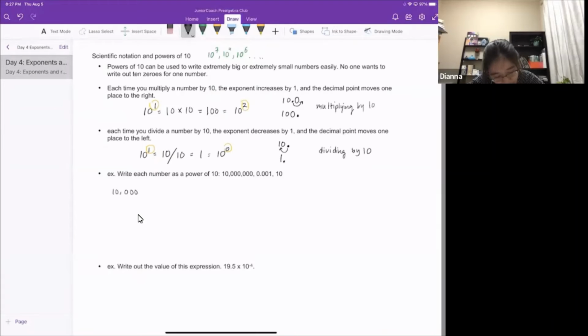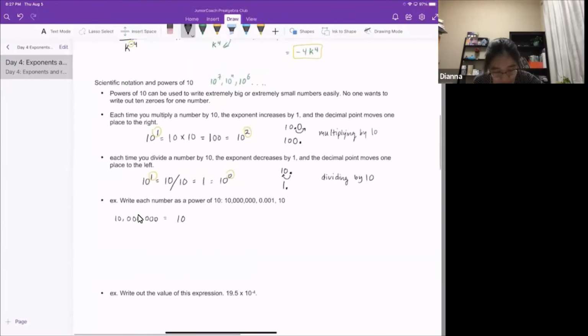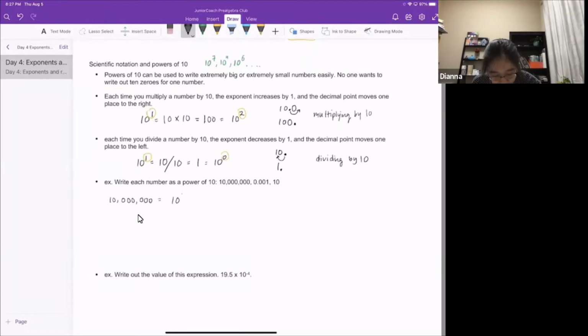See how much time it takes to write all those zeros. We can easily reduce that by writing it as 10 to the power of a certain number, which I put a question mark. This problem is asking us, what's this number?